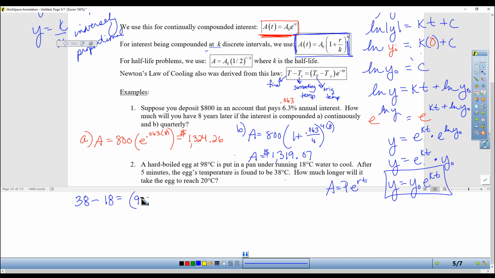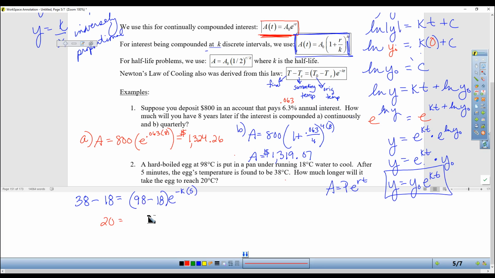It was originally 98. Again, the surrounding temperature is in here twice. Surrounded by 18-degree water. E to the negative k times 5. So after 5 minutes, this is what happened. I can use that information to find k for a hard-boiled egg. So this gives me 20 on this side.